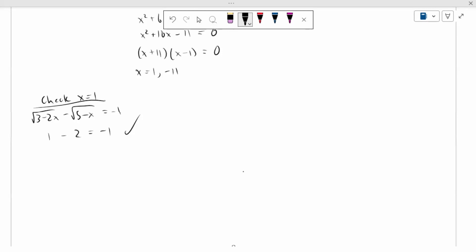Okay. Any questions on that? All right. Well, now let's check x equals -11. We're plugging it into the same function, so I'll write it down again.